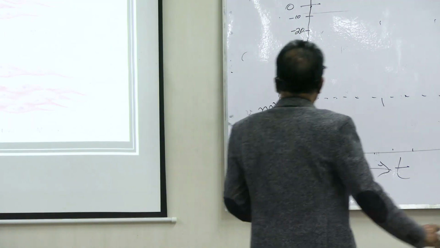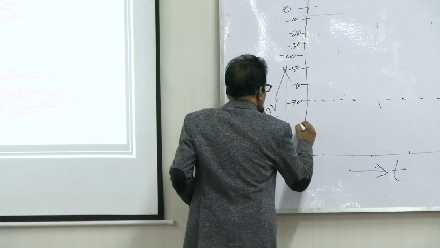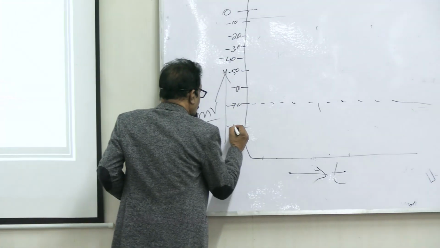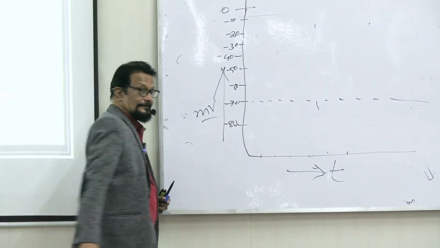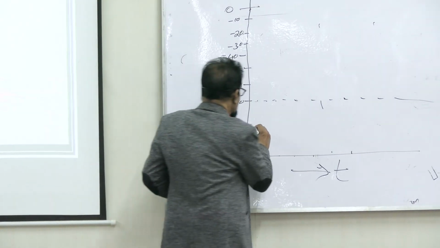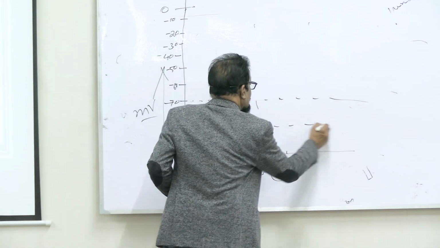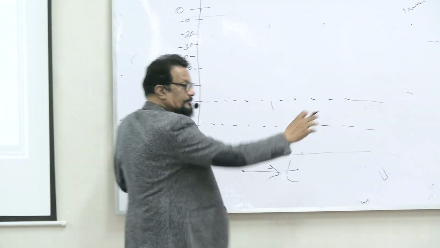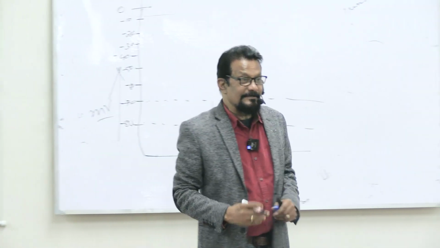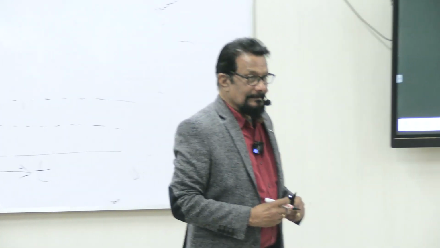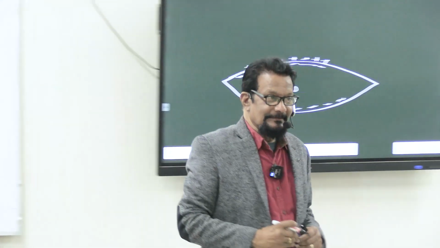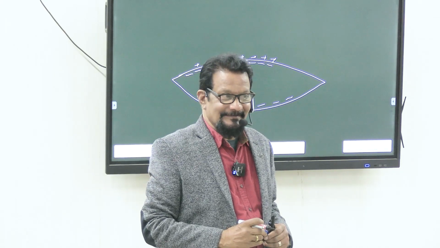Similarly, in skeletal muscle, you will find the resting potential at this level. It is fixed, not changing under resting condition. But in smooth muscle, it is not like that.